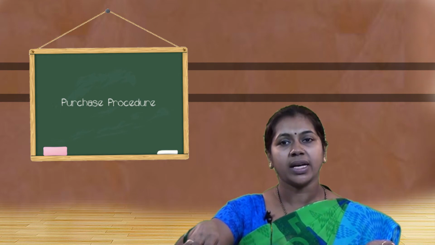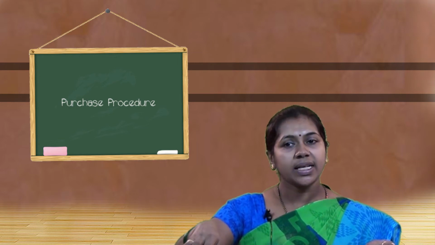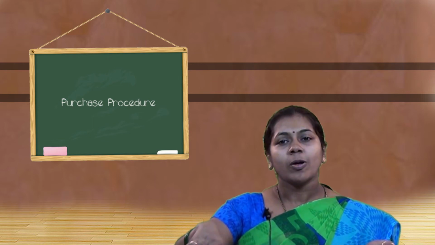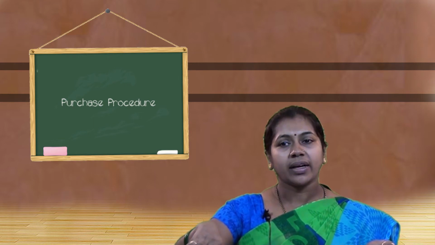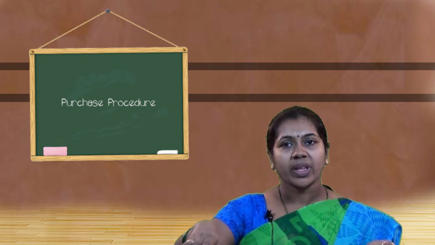It is an evidence of contract between the purchaser and the supplier. It contains the name and address of the supplier, description and quantity of materials, date and place of delivery, terms of payment, special instructions about packing, etc.